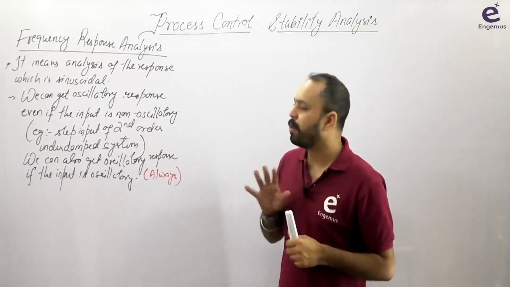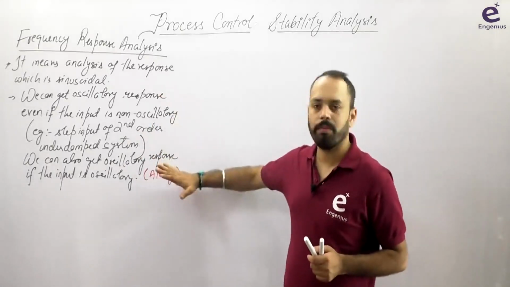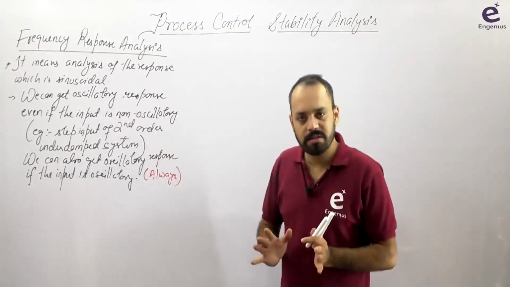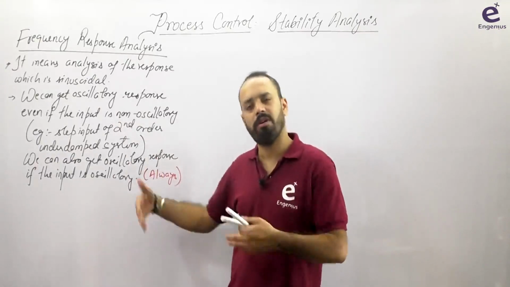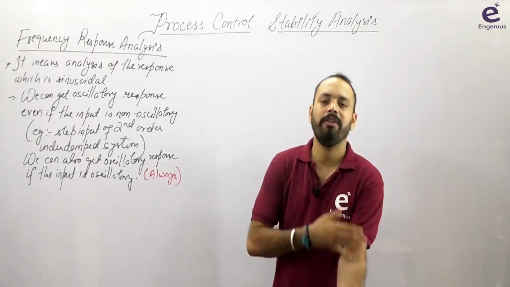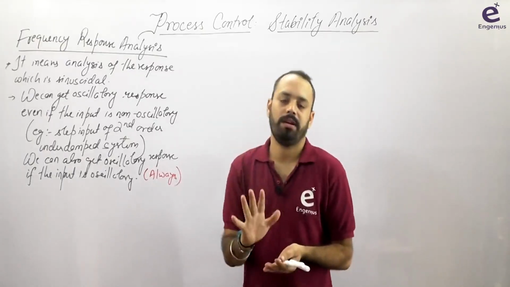So the chapter says that I have to deal with the response which is oscillatory. But in this chapter, I will only deal with those cases where both input and output are oscillatory. If the input is oscillatory, obviously the output is oscillatory. So I should say that in this chapter, I will deal with those cases where the input is oscillatory.